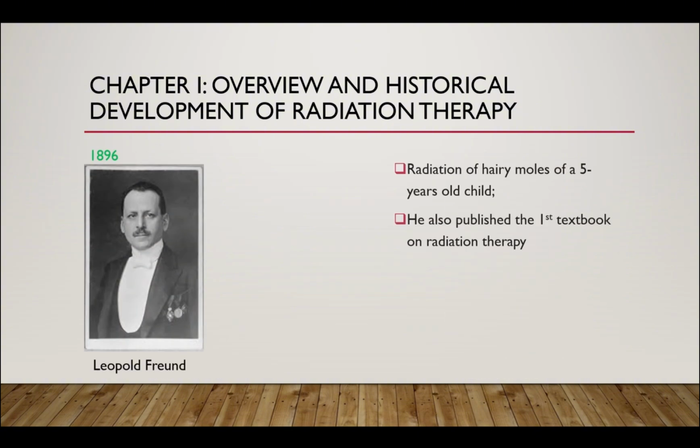Next, we have Dr. Leopold Freund in 1896. He used X-rays in the treatment of a hairy mole of a 5-year-old child, and he also published the first textbook in radiation therapy. So this is the textbook that he published, entitled Elements of General Radiotherapy for Practitioners.